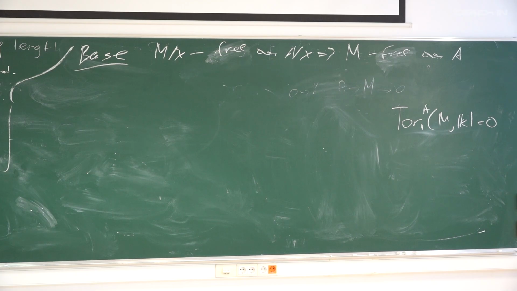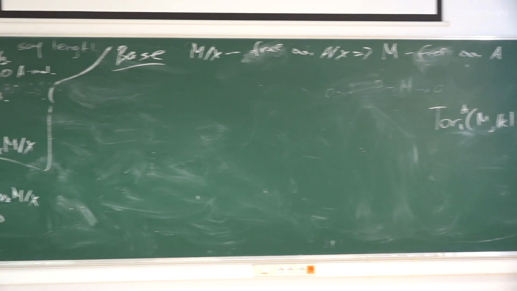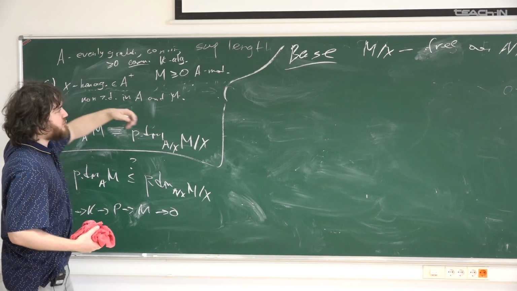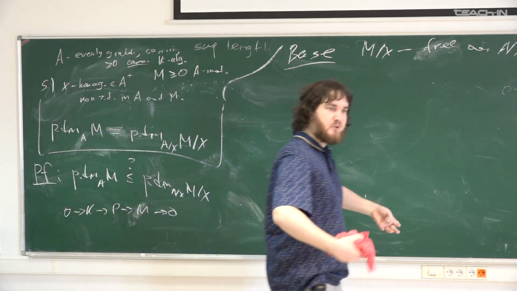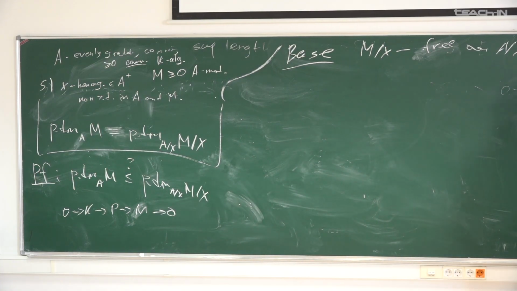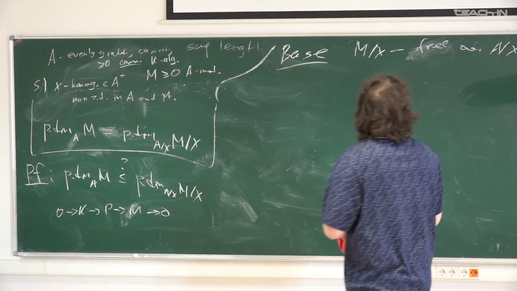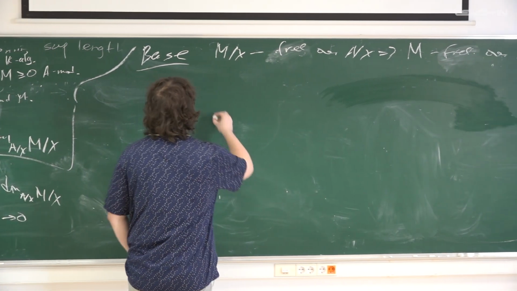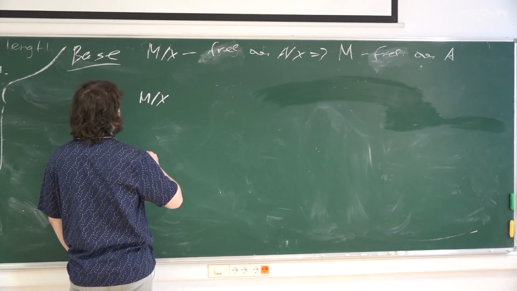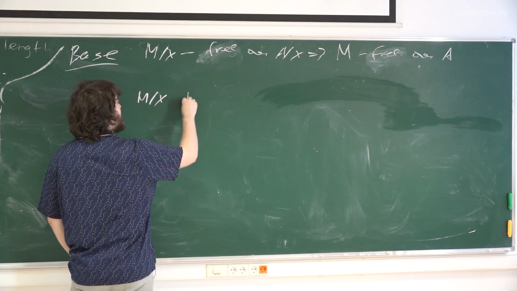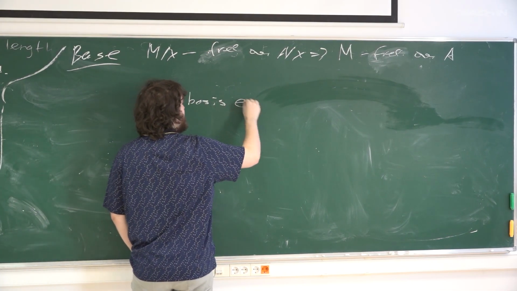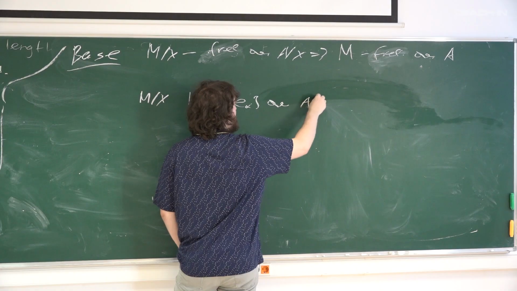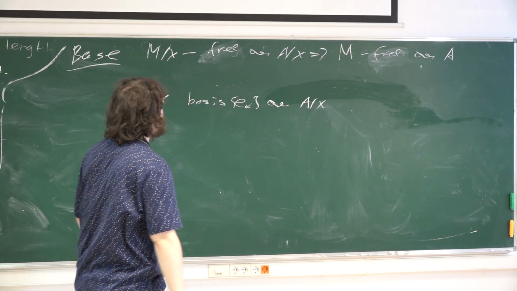Again, if X is homogeneous, then the ideal generated by X is homogeneous, and so A modulo X is a graded algebra, and M modulo X is a graded module, and so on. So it works. Okay, consider M modulo X. Suppose it has a basis e alpha over A modulo X, some graded basis.